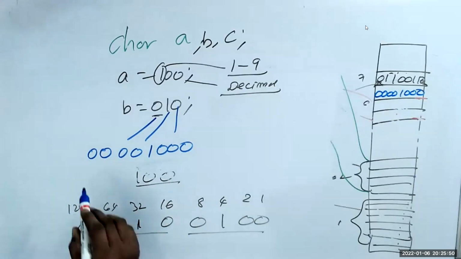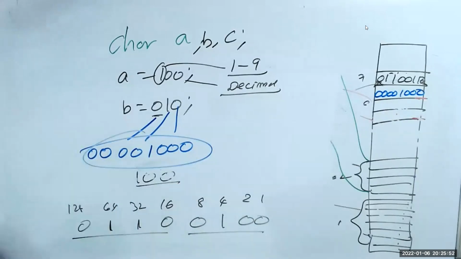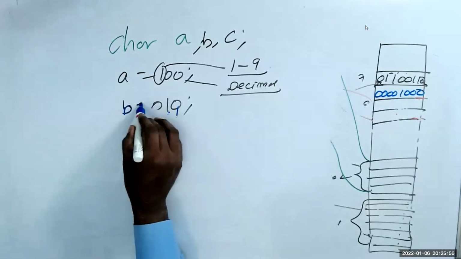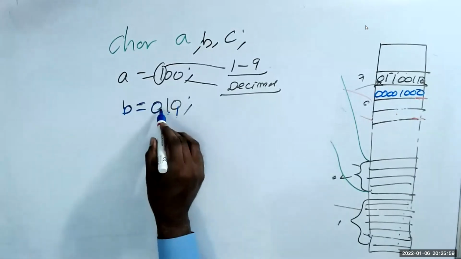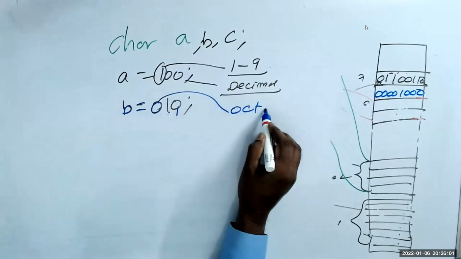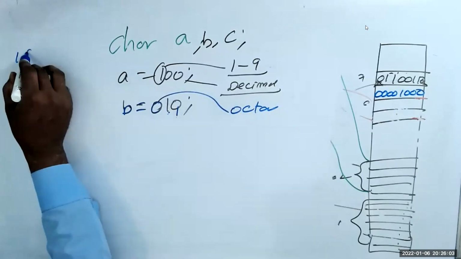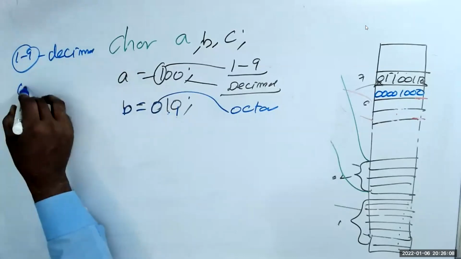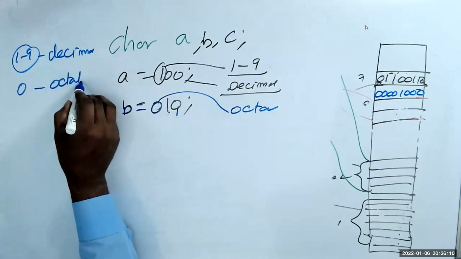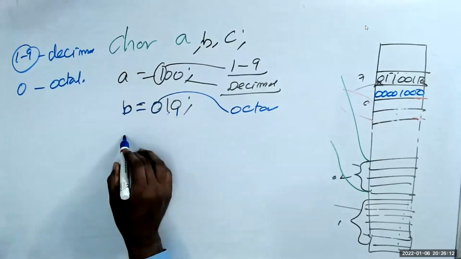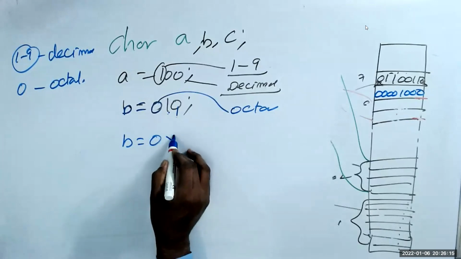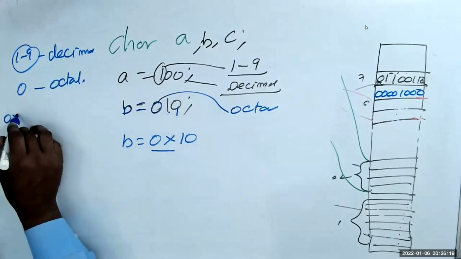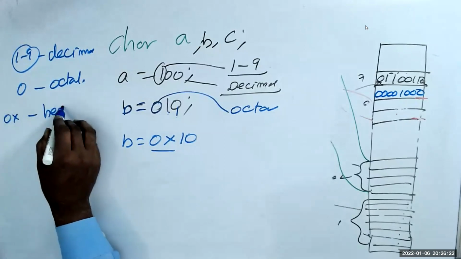This is what is stored. So please understand: the compiler assumes if you give a number that starts with 0, then it is octal. 1 to 9 means decimal, 0 means octal. And I can say B equal to 0x10 instead of 010. 0x means hexadecimal.